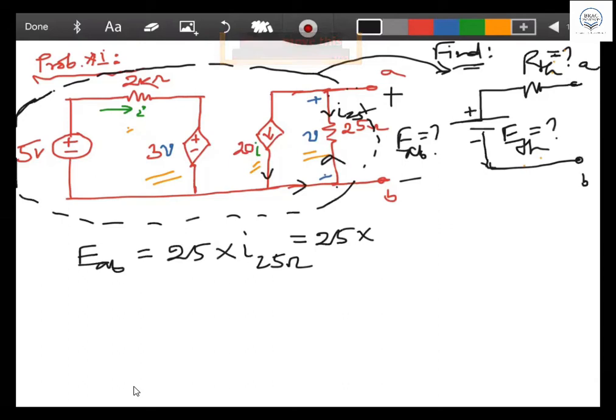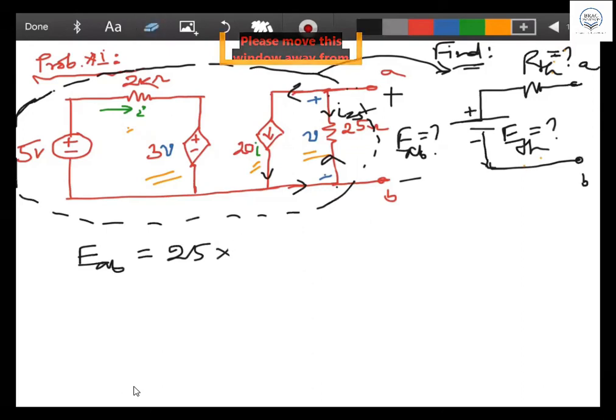Yes, this is the current flowing through this. The 20I current source current is flowing like this. You got my point? This is the loop current. What is the value? This current is flowing from the current source. What is that current? Okay, don't forget about this, I think you are all confused. Look at it, forget about this thing. I'm just talking about the 25.